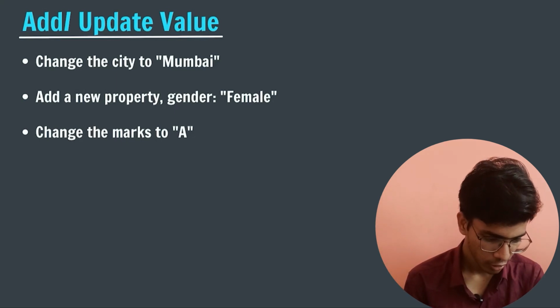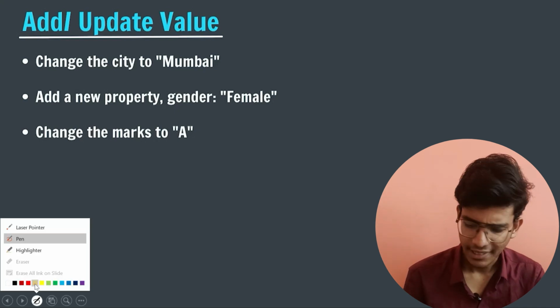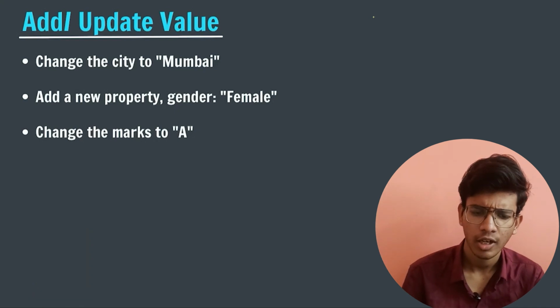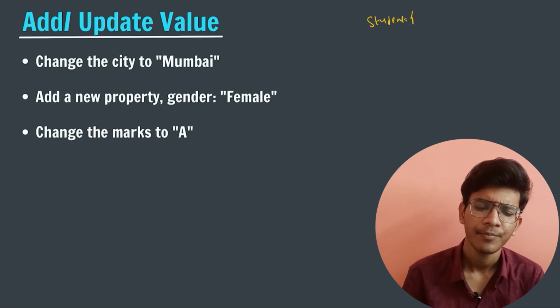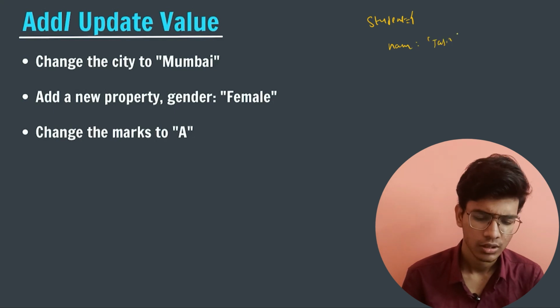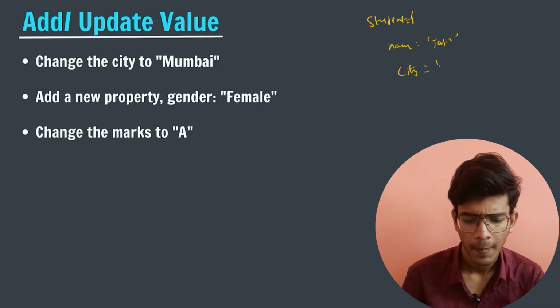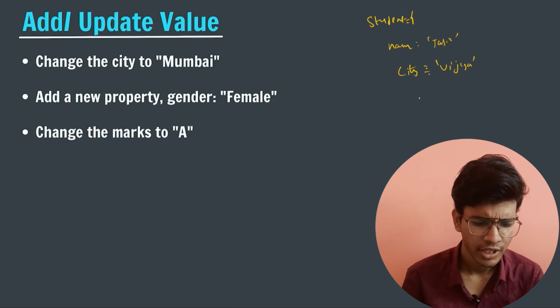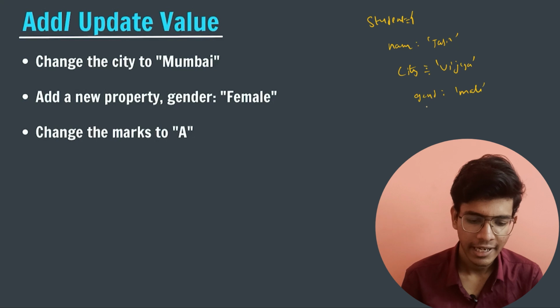So what we are going to do here is, let's say I'm creating a student object, and in that student object I'm storing name as Jabir, city as Vijayawada, gender as male, and grade as A grade, or B grade.